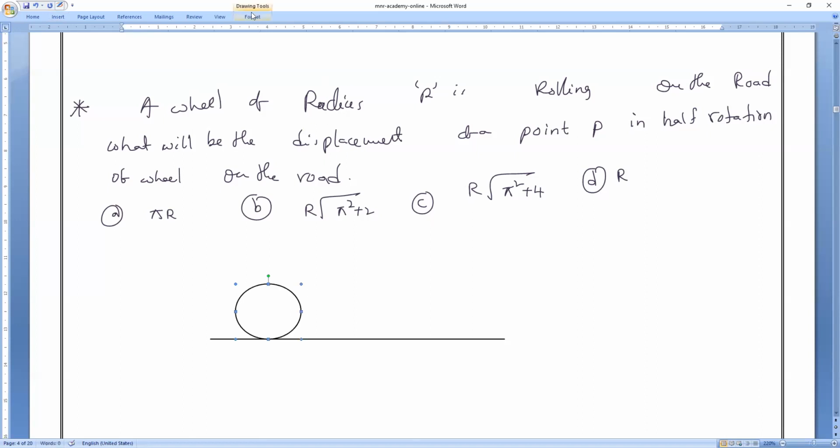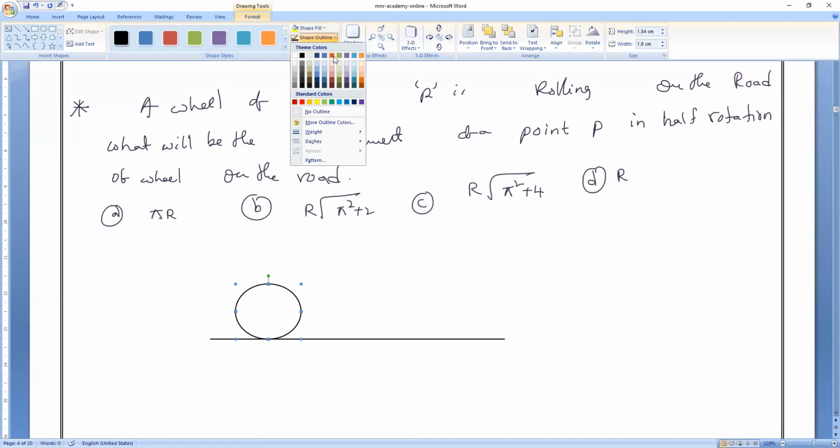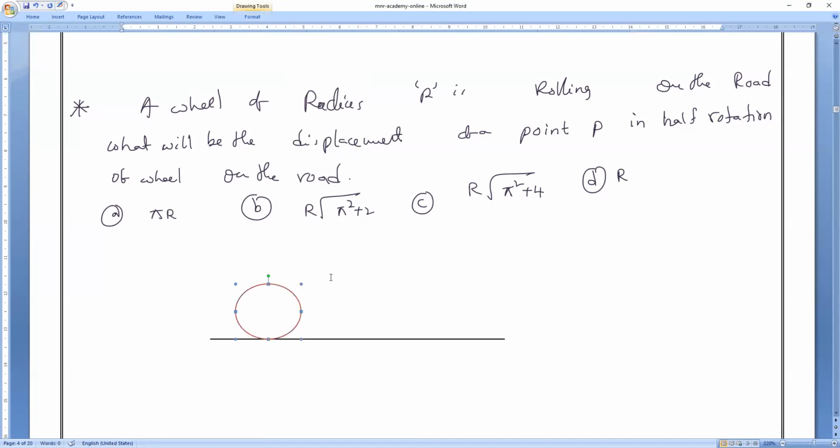I will change the colors also so that you can clearly see. This is the circle whose radius is r, and let me take some point P here. Be very careful. Understood, everybody?